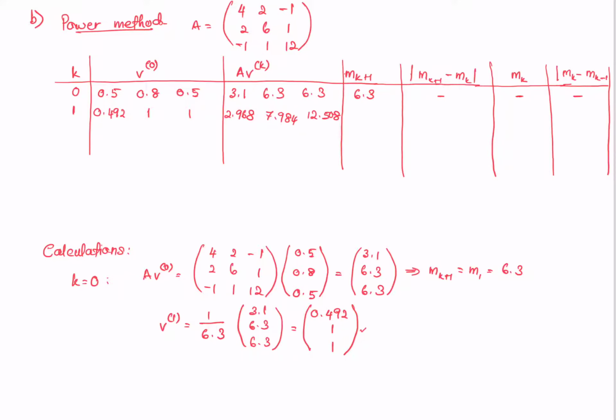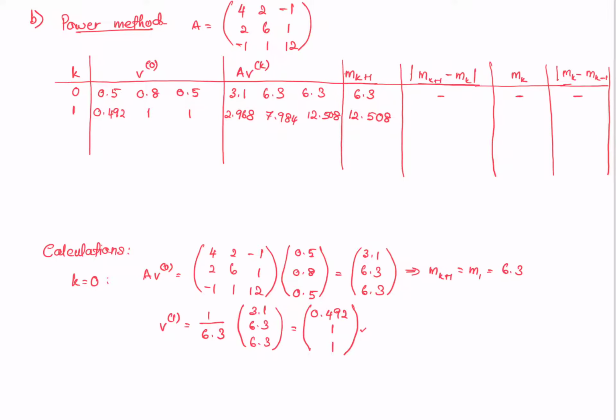Now we can get, when k is 1, we can get M2, which is 12.508. And then now we can calculate our stopping criterion.